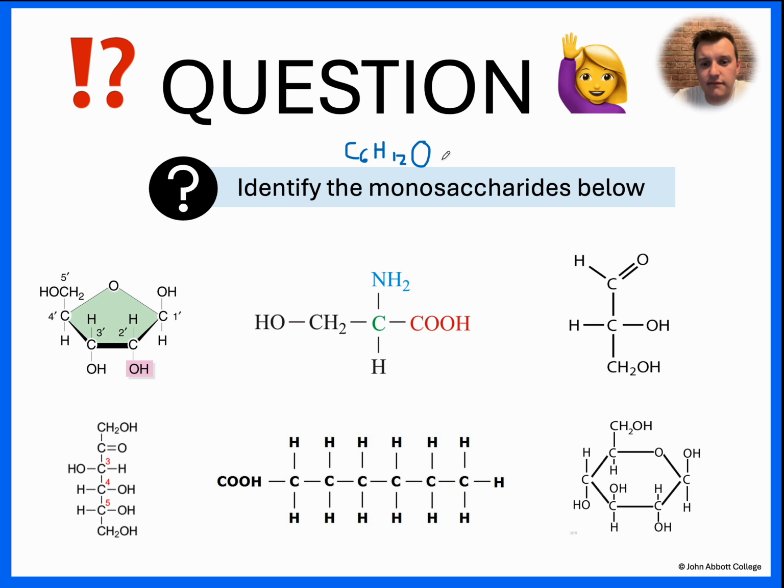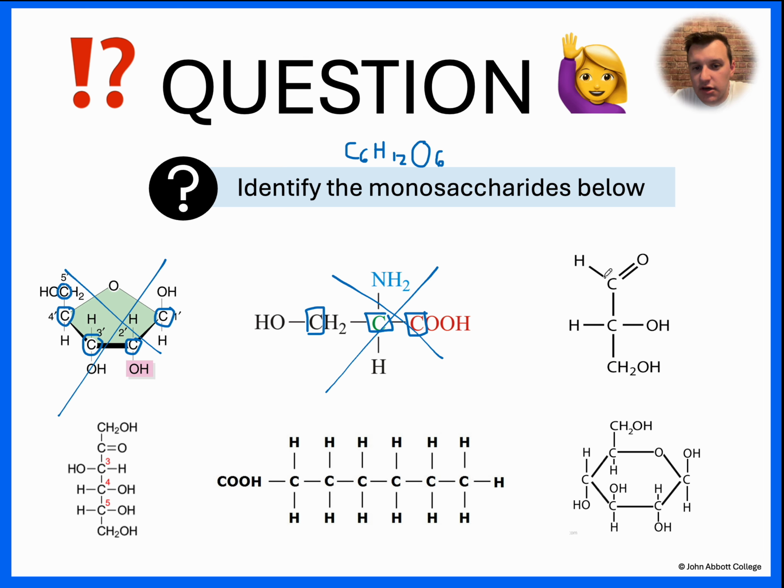C6H12O6. So over here, I want to count the carbons. I have 1 carbon, 2 carbons, 3 carbons, 4 carbons, 5 carbons. Oh, nope. This is not a monosaccharide. Over here, I have 1 carbon, 2 carbons, 3 carbons. That's not a monosaccharide.